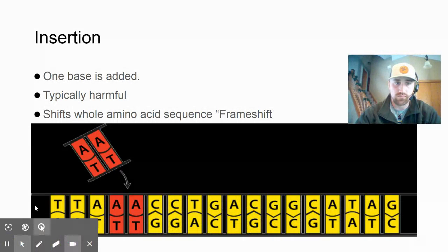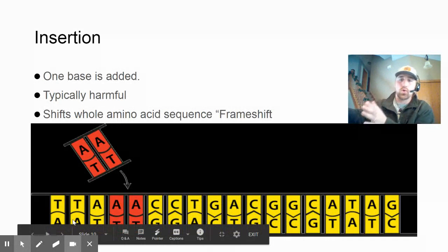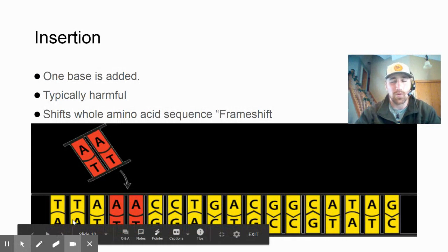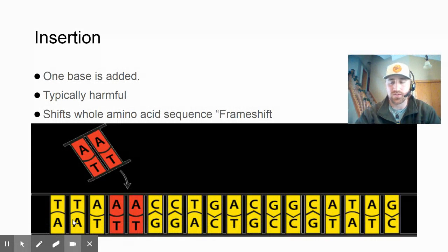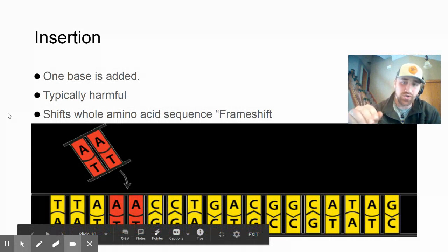We typically have, say, these three bases, and then we're supposed to have these three bases after, so this codon and this codon. When we insert things, that's no longer the case. We are shifting that whole codon sequence over one way, which is going to change our amino acid sequence, giving us a different protein, which is typically harmful. So this is insertion. We are inserting a new base.